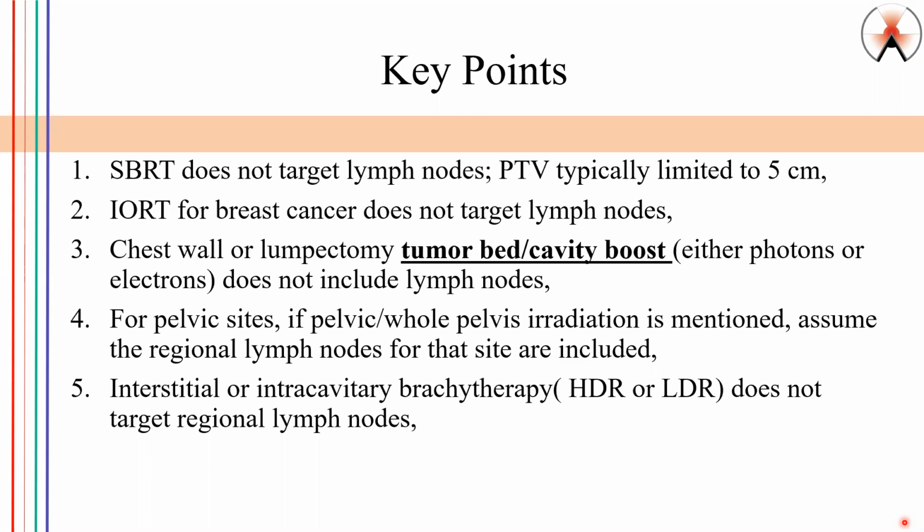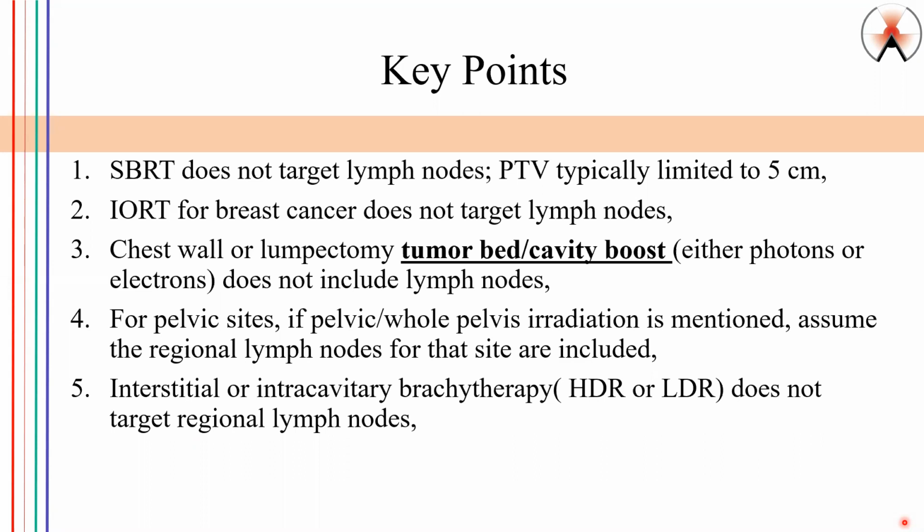The key thing here is that whether it is chest wall following a total mastectomy or the breast following a lumpectomy, it's a much smaller volume because this is a boost, a cone down. So it does not include lymphatics. Okay. So boost, no lymphatics. SBRT, no lymphatics. IORT, no lymphatics.